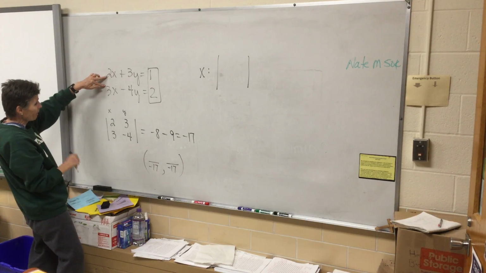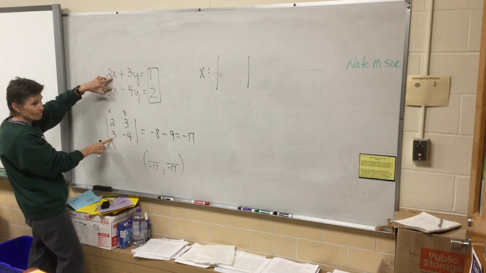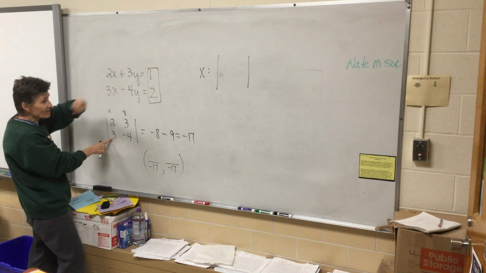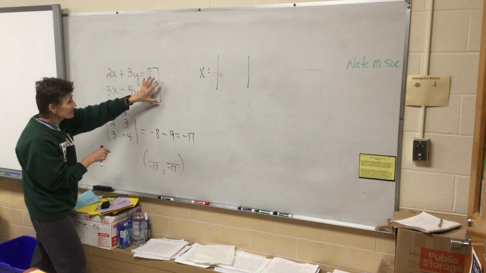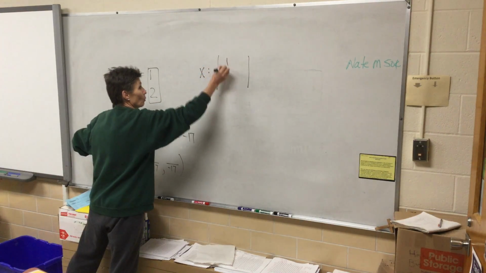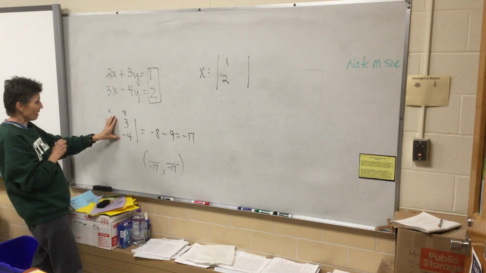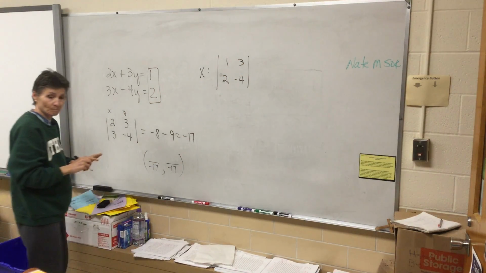Remember in the original problem, the 2 and the 3 belonged to x. When you are solving for the x numerator, you take the constants and paste them in the x column. So you're going to have the 1 and the 2 in the x column, and then the 3 and the negative 4 in the y column.